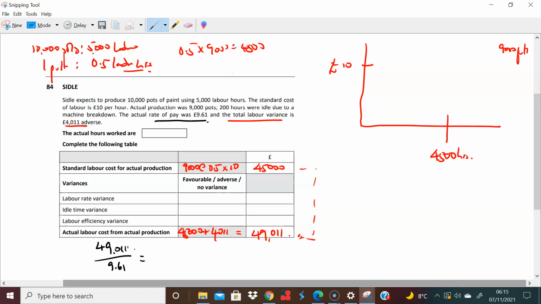You paid for 5,100 hours. That's what you paid for. That doesn't mean that's what you worked. The question tells us that 200 of these hours were idle. So you actually really and truly worked 4,900 hours.